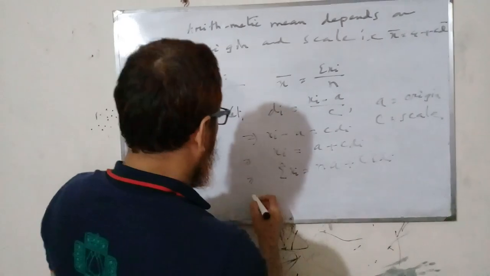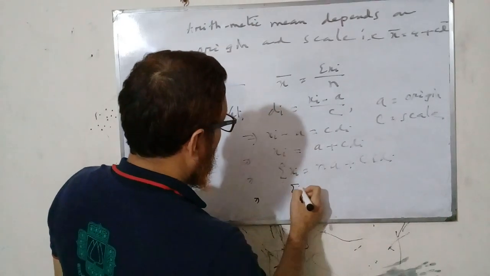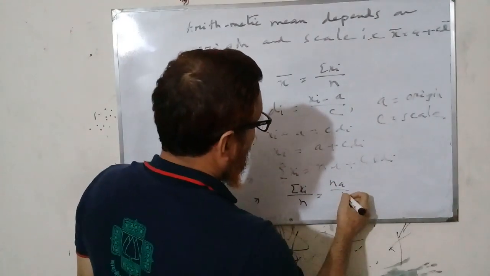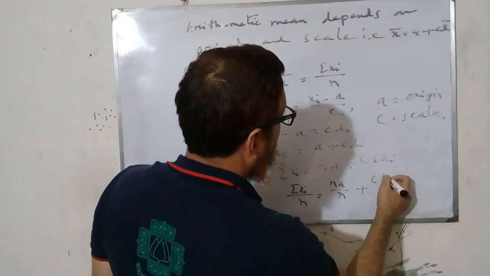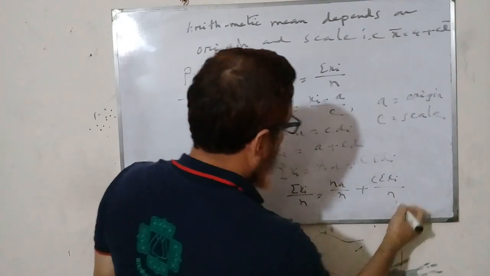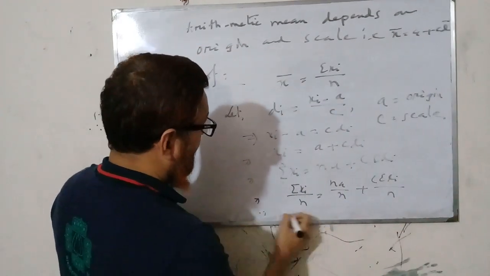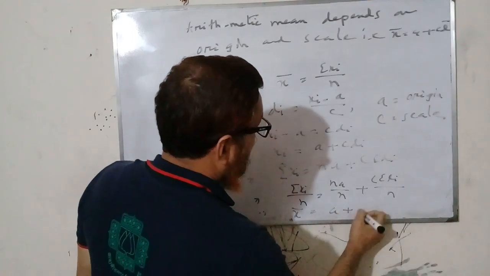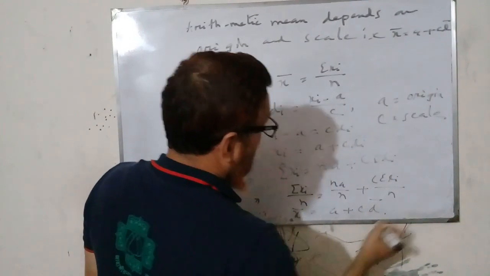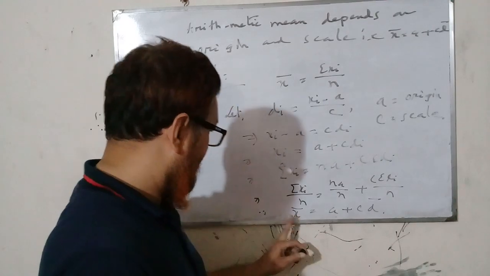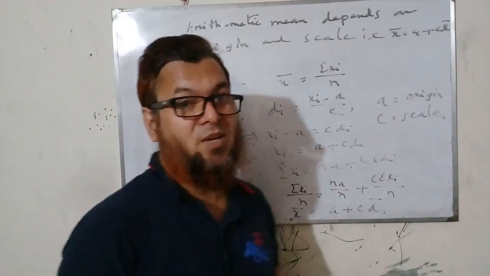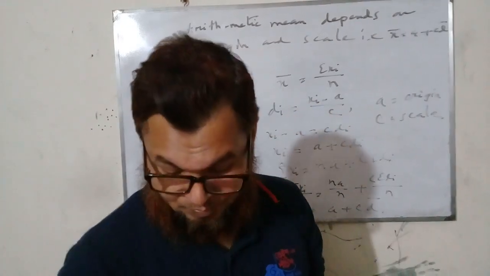Dividing both sides by n, we get x bar equals a plus c d bar. So we can say that x bar depends on a and c, that is, x bar depends on origin and scale.